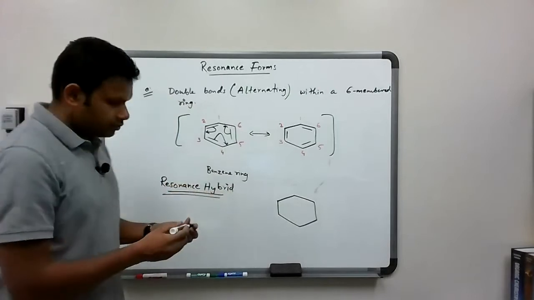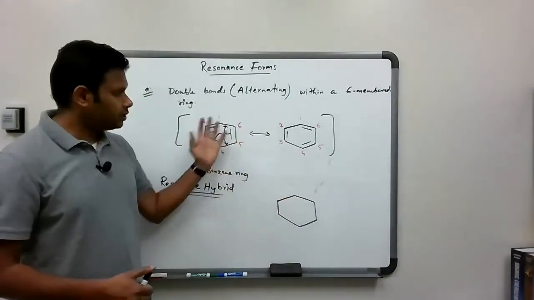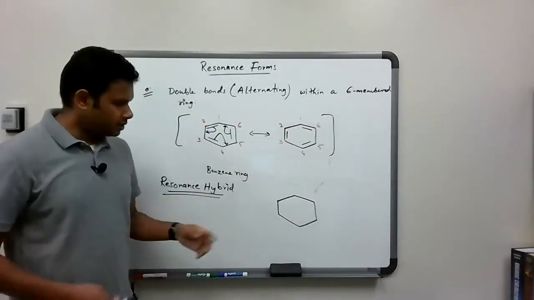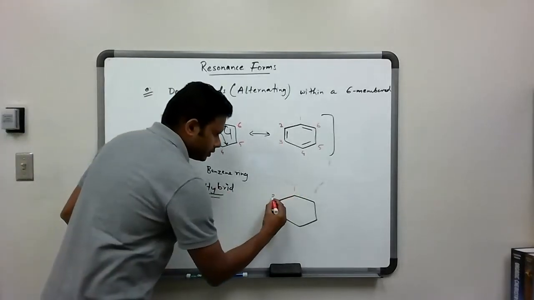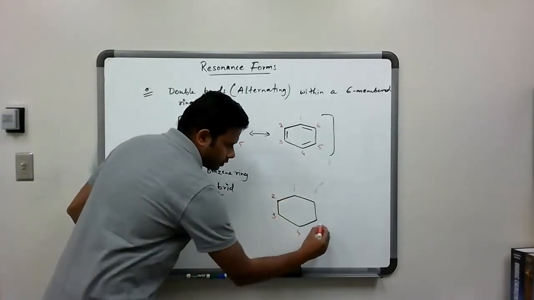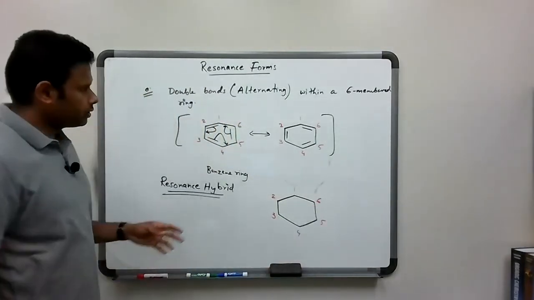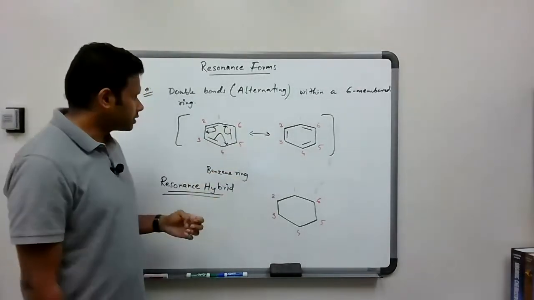Once we've drawn that skeleton, which did not change between all contributing resonance forms, it makes things easy. Since we've already numbered the carbons, I'm also going to number the atoms in this ring. Now, you compare all the resonance forms.